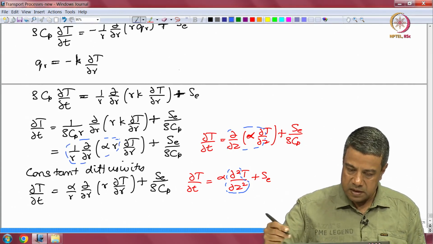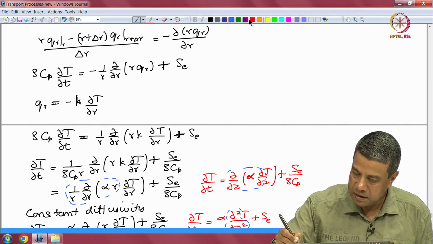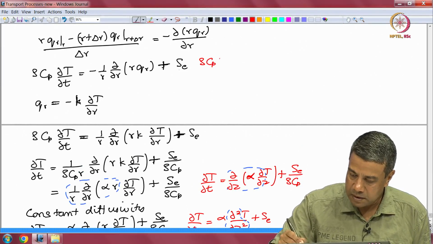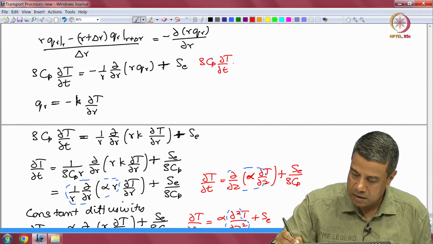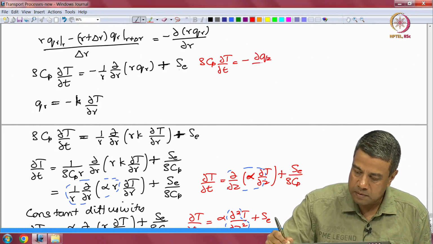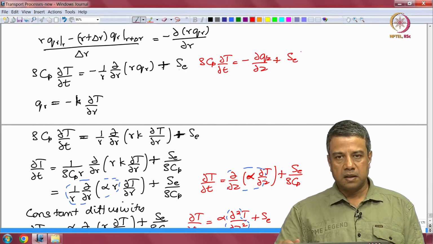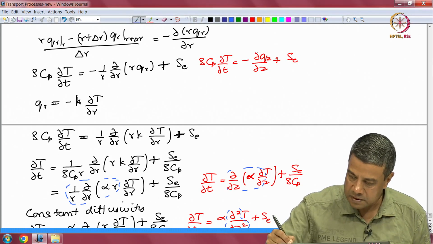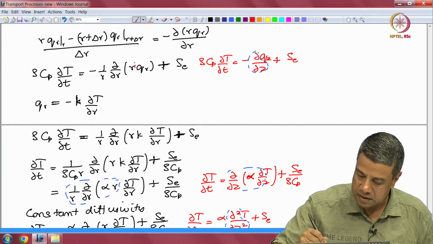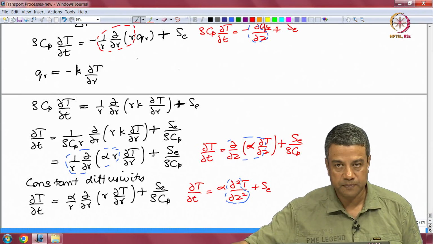Similarly, in a Cartesian coordinate system, when expressed in terms of the flux, this was rho C_p partial T by partial t is equal to minus partial q_z by partial z plus S_e. So, this differential operator was a first order differential operator. This, on the other hand, is slightly more complex.